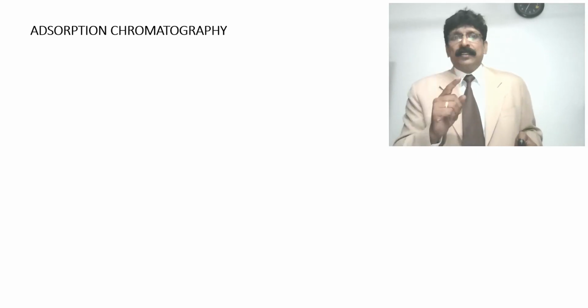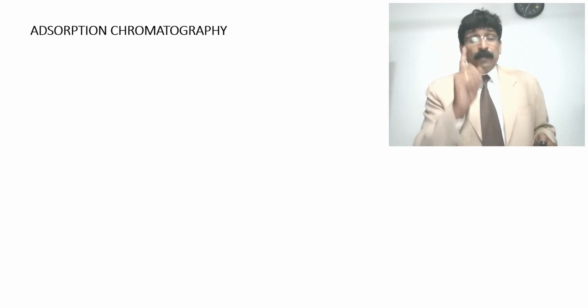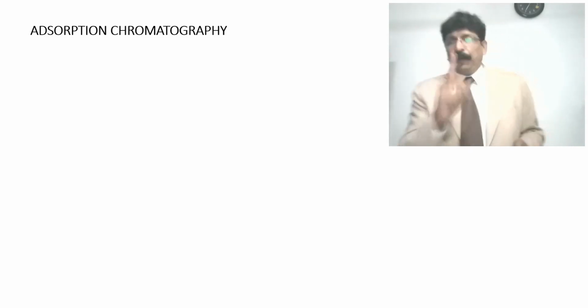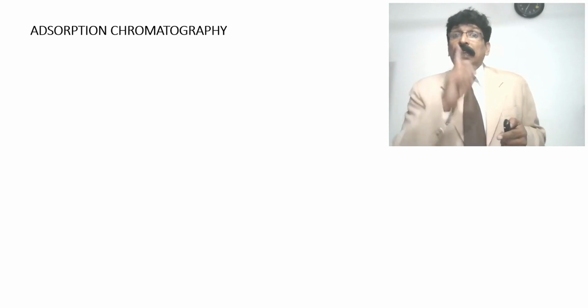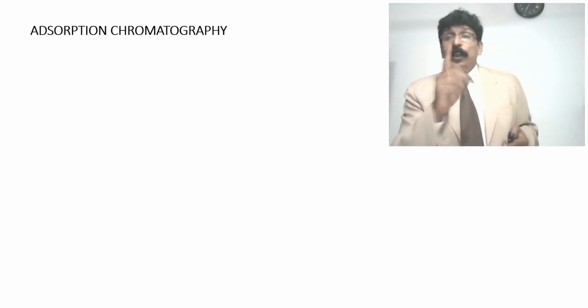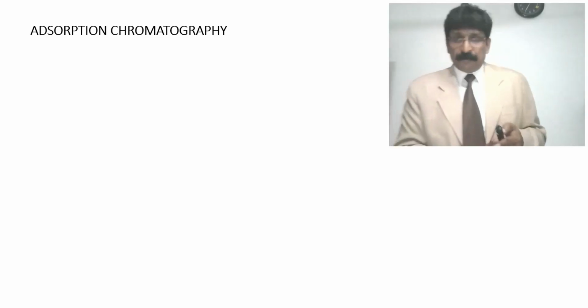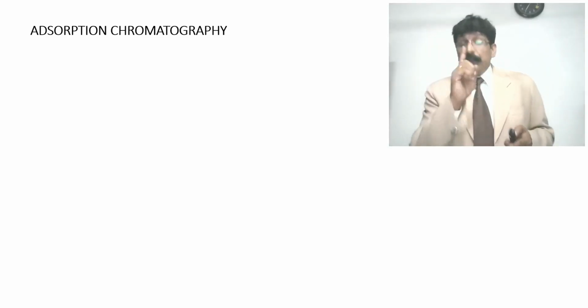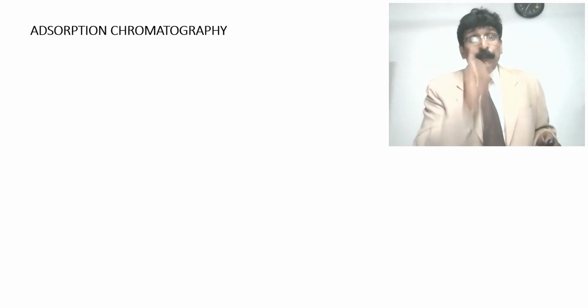Always remember two things. Adsorption will happen only with a solid and a liquid, or a gas, it's also possible. Partition should be between two immiscible liquids. Even a gas and a liquid is also possible, but usually two immiscible liquids. Distribution of a solute between two immiscible liquids.